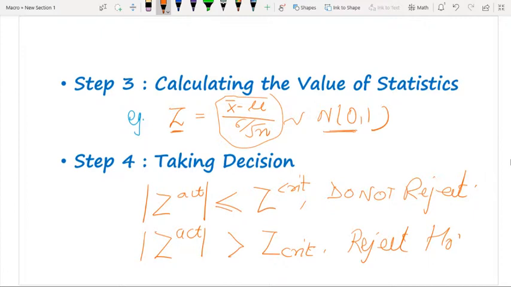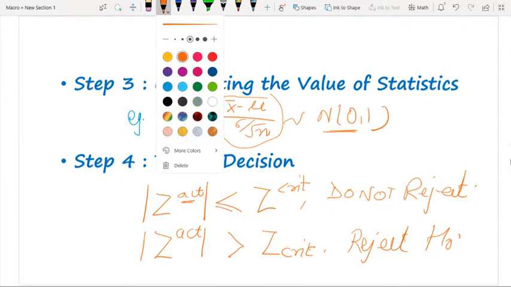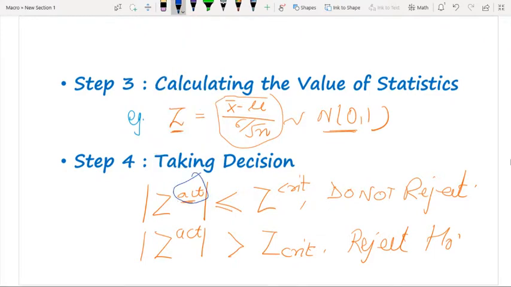So we calculate this statistic and we compare the calculated value, which here we call the actual value. So Z actual is the calculated value of Z from step three.